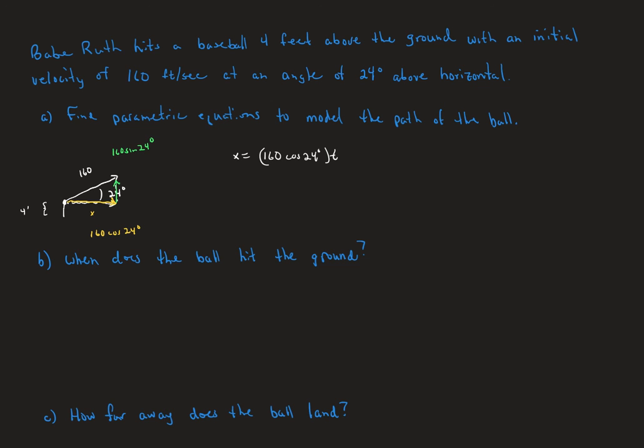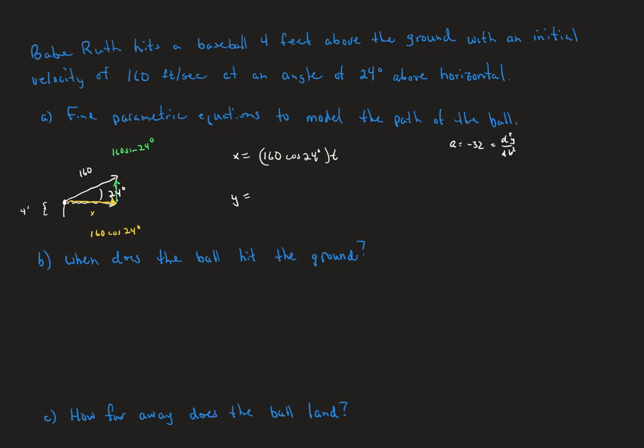So the y component is going to be parabolic, so we can do a differential equation real quick if you need to. Acceleration due to gravity is -32 feet per second squared, so that's going to be our second derivative of y.